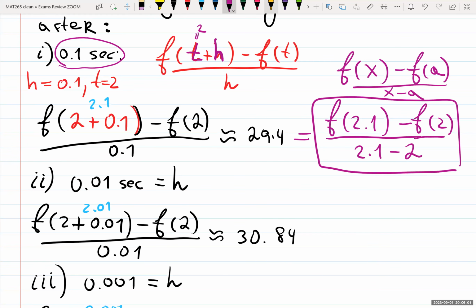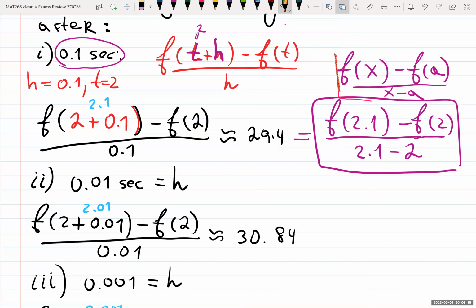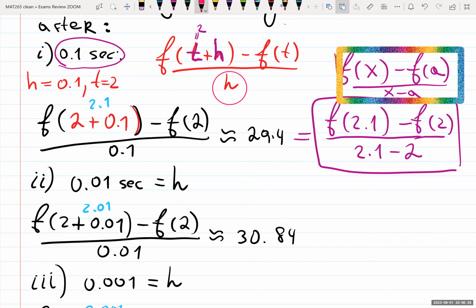So if you want to see it this way, the denominator is x minus a, but x is 2.1 and a is 2. That's why it became 0.1. But by the definition, h is that thing anyway. H is x minus a. And that's why we can just use that as a change.